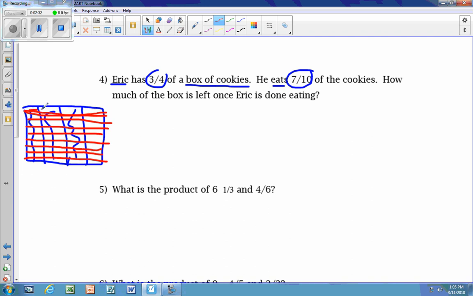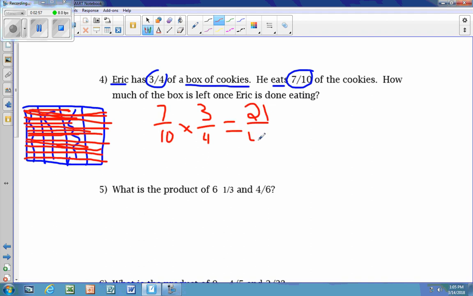And we would shade in 1, 2, 3, 4, 5, 6, 7 out of the 10. So we're finding 7/10 of 3/4. 7/10 of 3/4 is 21/40.